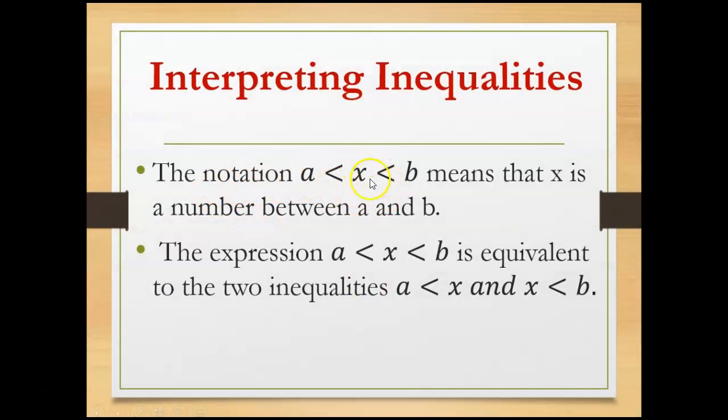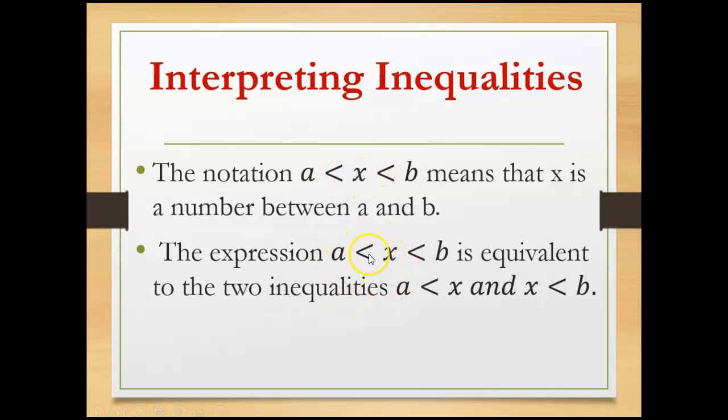The notation a less than x, which is less than b, means that x is a value that represents any solution of this inequality. It goes from a to b, but a and b are not solutions, so only numbers in between them are.